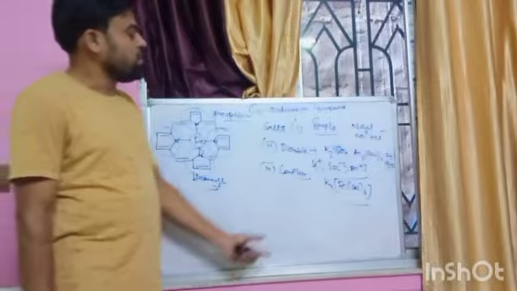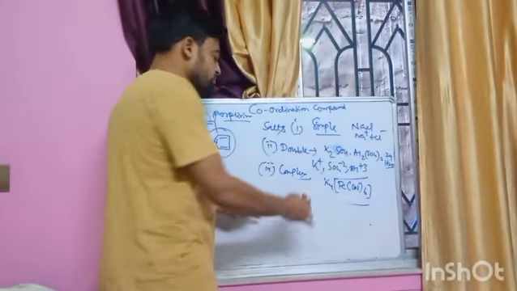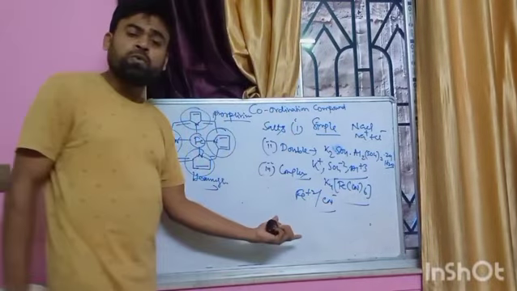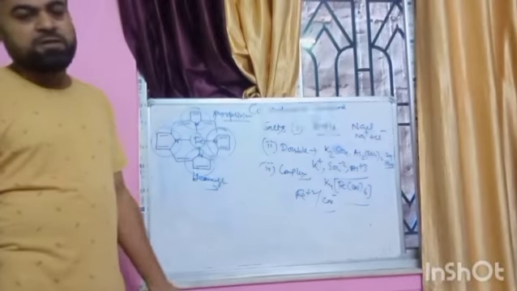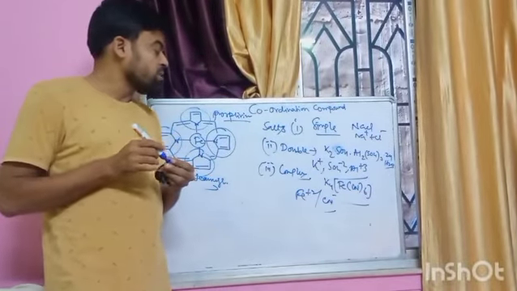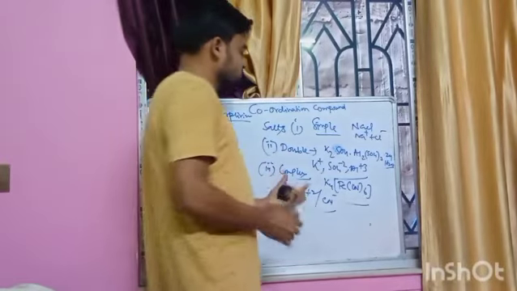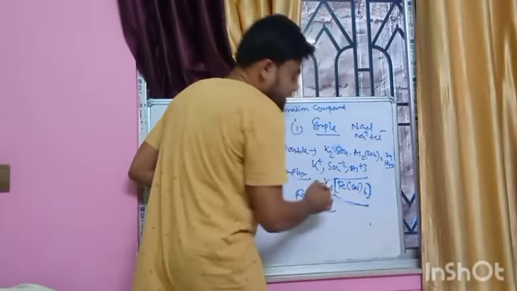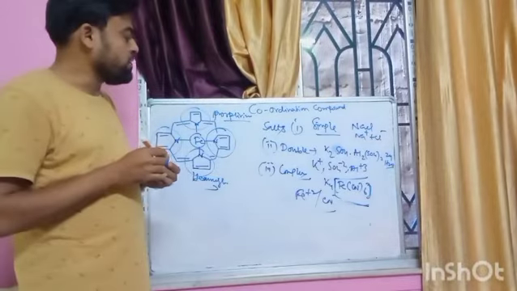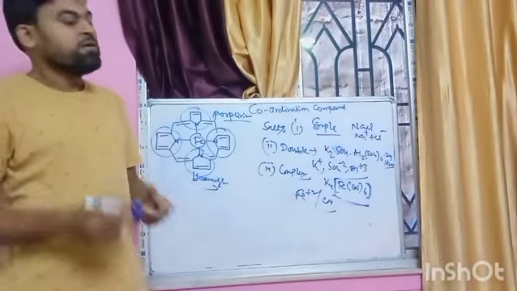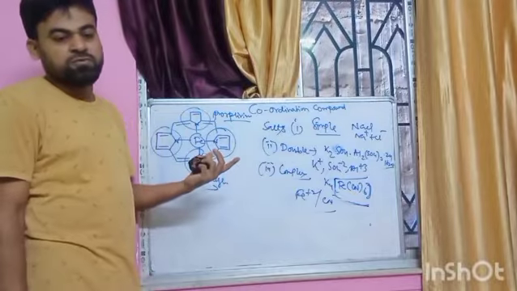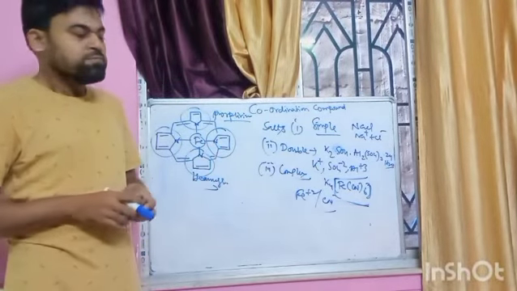In aqueous solution, we do not get any test for Fe2+ or CN- ions, because the complex present in the square bracket cannot be dissociated into its constituent ions, Fe2+ and CN-. So it is a type of complex that cannot be dissociated into its cationic and anionic forms.